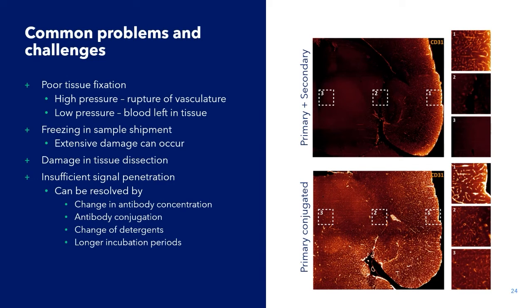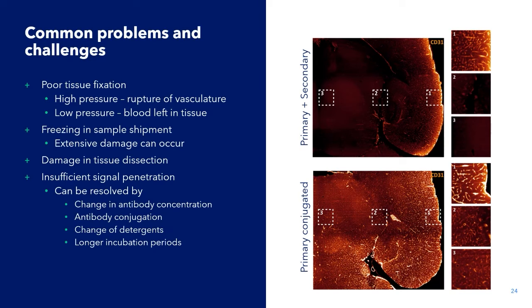On the upper panel here, you can see a whole mouse brain that has been stained with a vascular marker CD31, and then with a secondary antibody recognizing it. This image is a 2D plane from a 3D image of the brain. You can see that in box number 1, the uppermost one, you have a very nice vascular signal in the capillaries, but the deeper you go, to box number 2 and 3, you see less and less blood vessels.